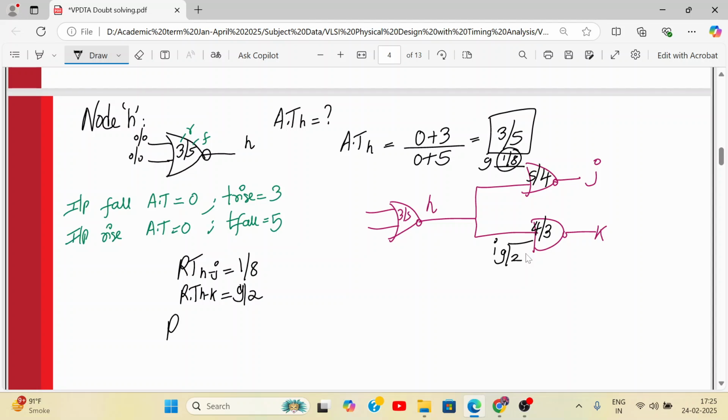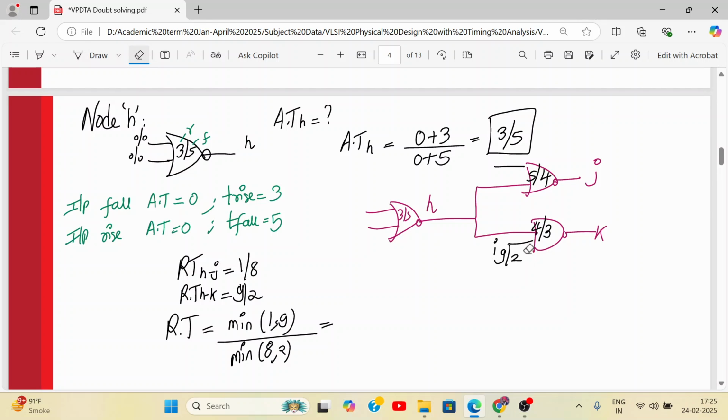So now the actual return time for this will be the minimum of 1 and 9, the rise time, and fall time 8 and 2, because it's going to two places, right?